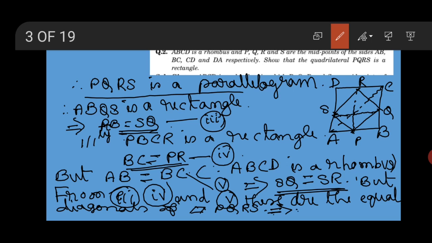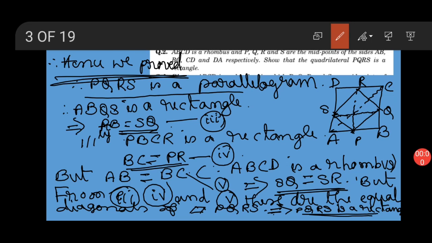That implies what? PQRS is a rectangle. Hence we proved.